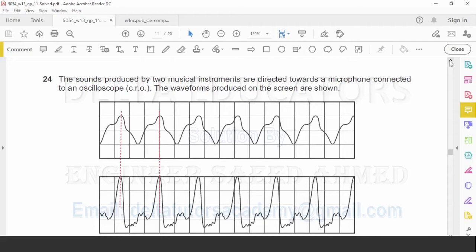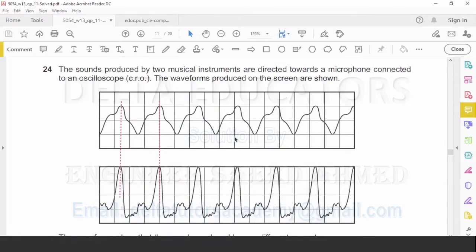Question number 24. The sounds produced by two musical instruments are directed towards a microphone connected to an oscilloscope. The waveforms produced on the screen are shown. The first physical quantity that is seen in both the waveforms is wavelength. What is wavelength? Wavelength is the distance covered between two consecutive crests or between two consecutive troughs.